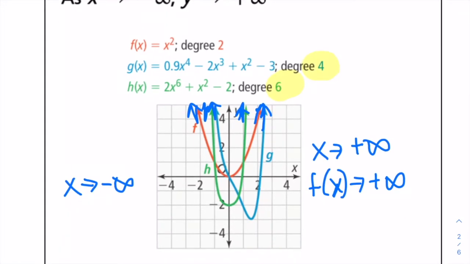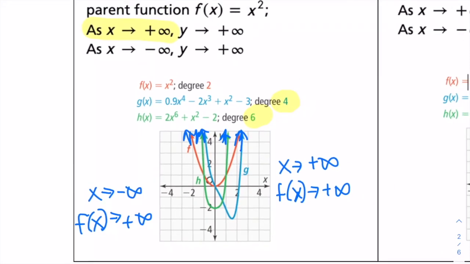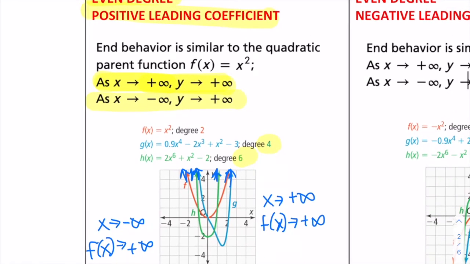So the end behavior is going to be f of x approaches positive infinity, both when x approaches negative infinity and when x approaches positive infinity. So we have both of those arms of the function, if you want to say they're arms, opening up because it's a positive leading coefficient.